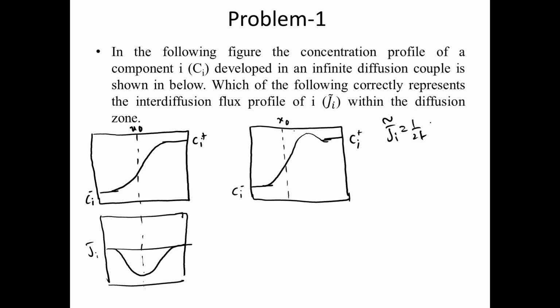you just take 1 by 2t, the integral of (x minus x naught) dc, from ci at minus infinity to ci at plus infinity.